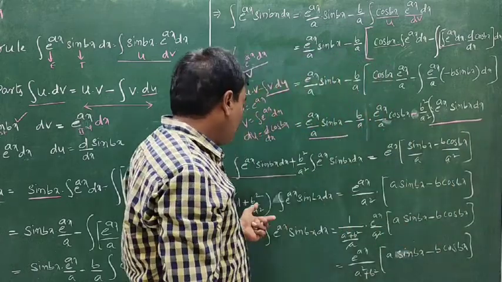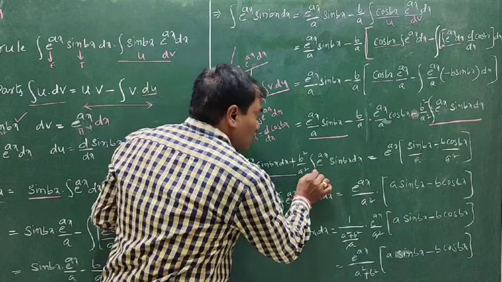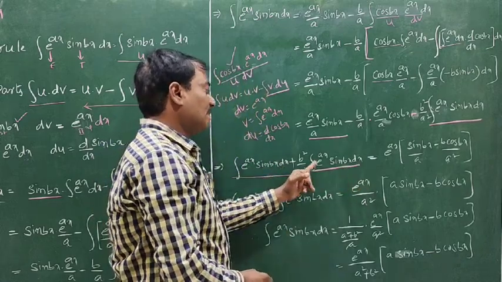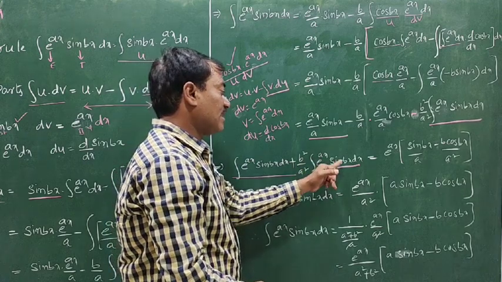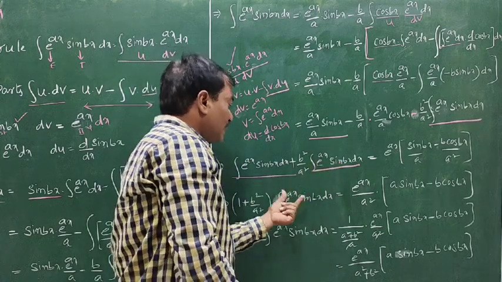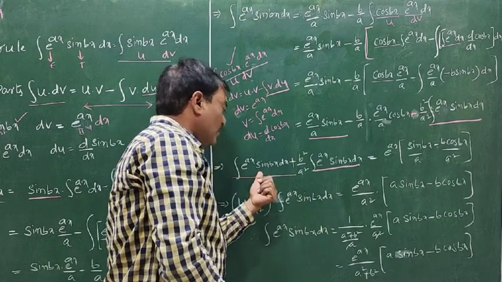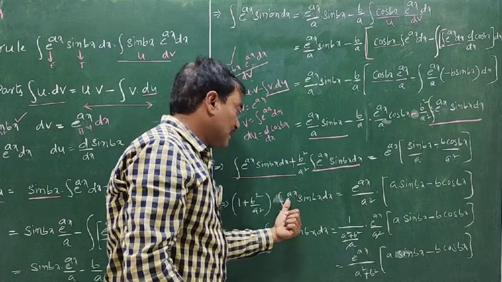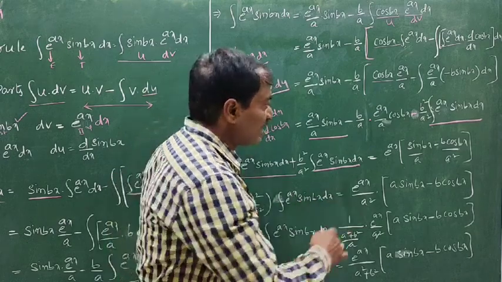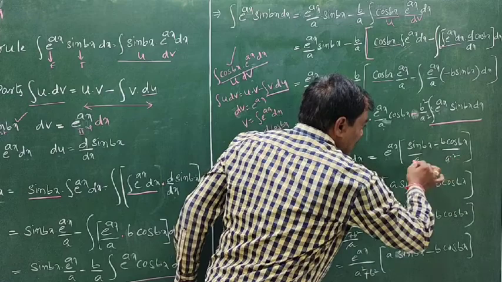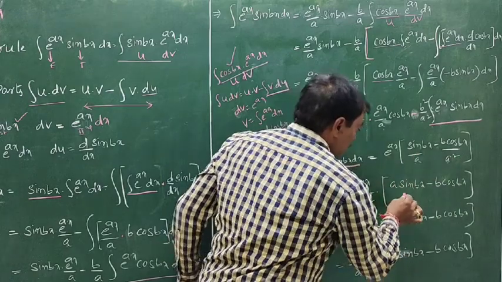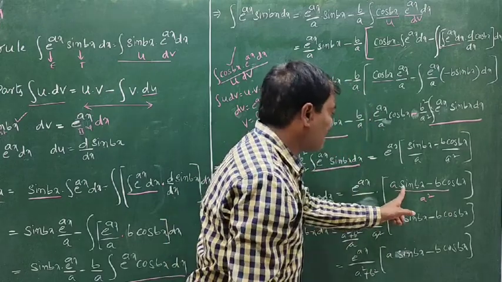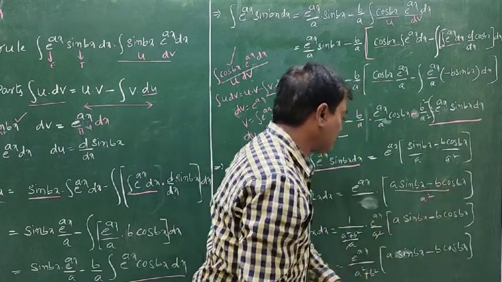Now in these two terms on the left, the integral e power ax sin bx is the common term. Taking it common, we have 1 plus b square by a square times the integral e power ax sin bx dx equal to, on the right hand side, taking a square as the LCM, a sin bx minus b cos bx.